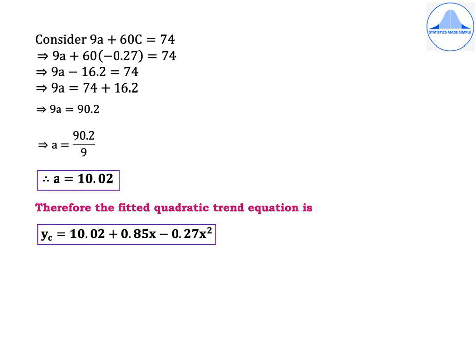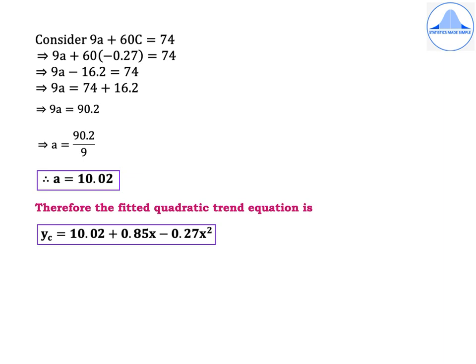To obtain the value of a, I'll consider the first normal equation, that is 9a plus 60c is equal to 74, and in this I'll substitute the value of c. So 9a plus 60 into minus 0.27 is equal to 74, which implies 9a minus 16.2 is equal to 74, or 9a is equal to 74 plus 16.2, which implies 9a is equal to 90.2, or a is equal to 90.2 divided by 9.